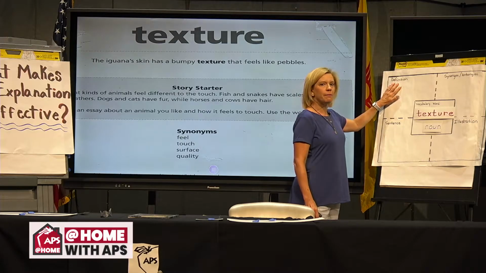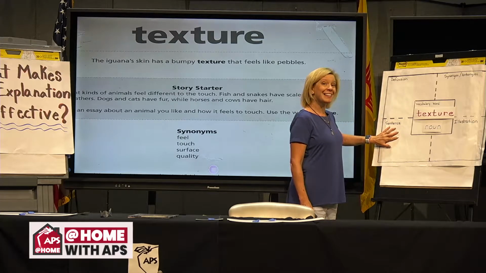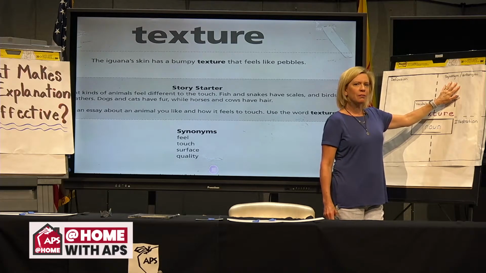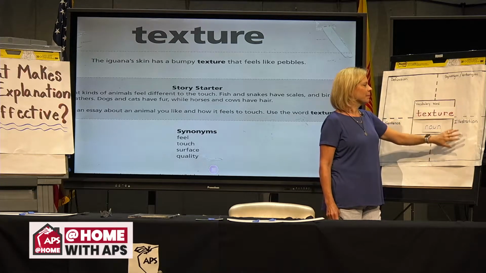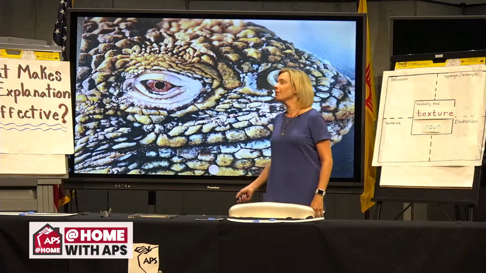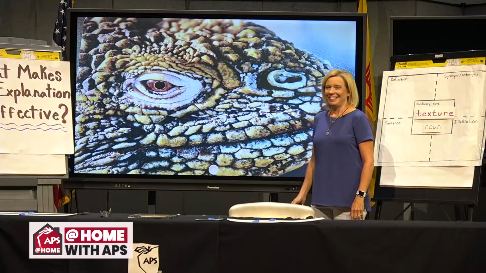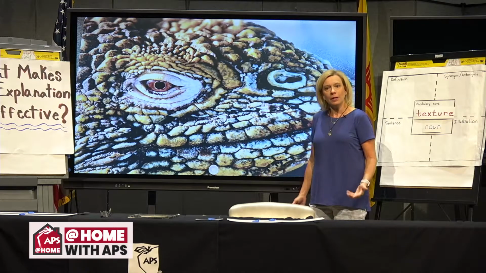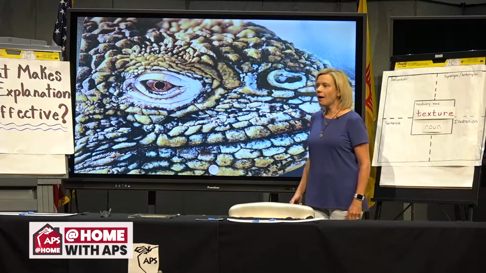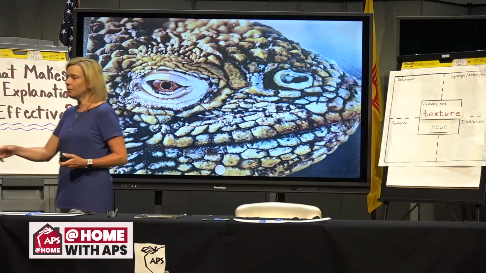So we're going to do a definition, a sentence, a synonym. Texture doesn't really have an antonym, and an illustration. And we love the illustration of our iguana. That's a fun one, but there are other things that you can draw that have texture. Let's take a look at our stuffed animal over here.